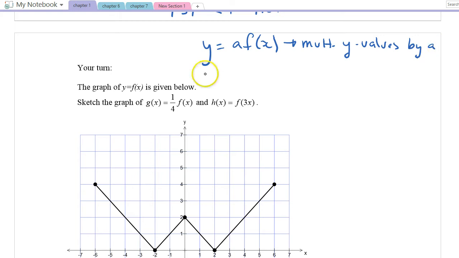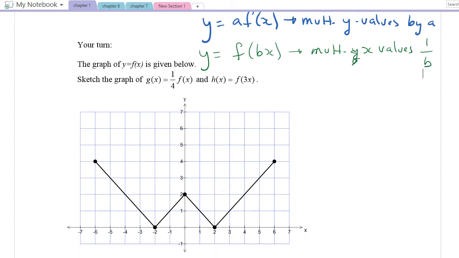And if you have y is equal to f of bx, then we multiply our x values by the reciprocal of b.